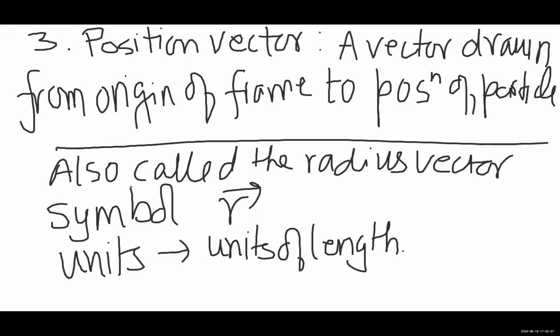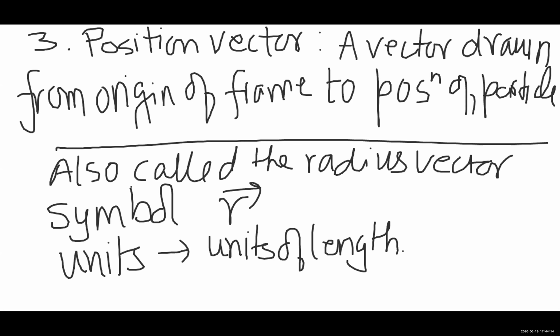So the thing is that when we look at the particle from different frames of reference, like we discussed in the last class, we get a different perspective or a different interpretation of motion. That is, that two observers from two frames of reference which are different may observe completely different types of motion, right?